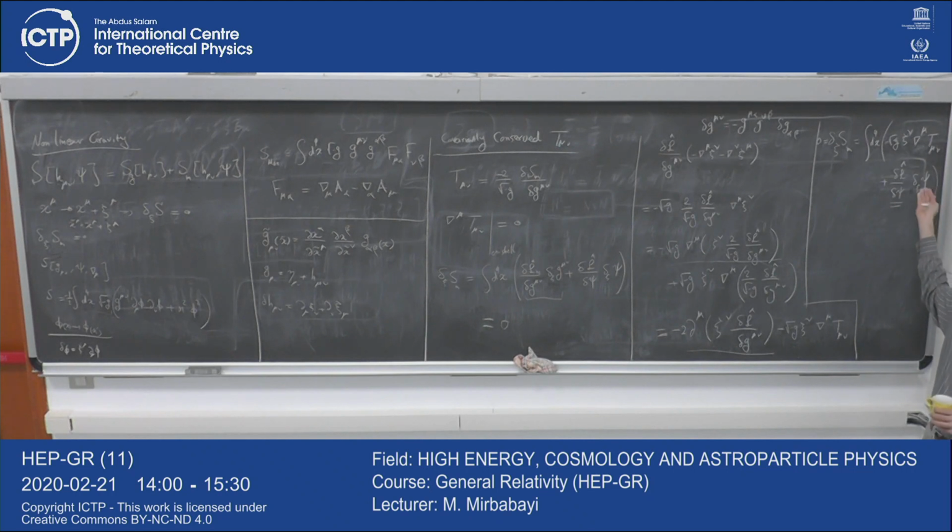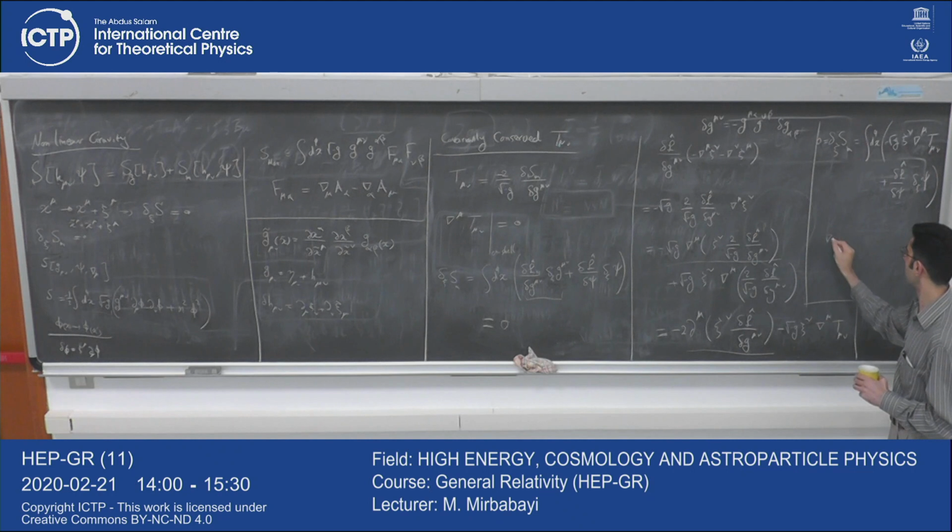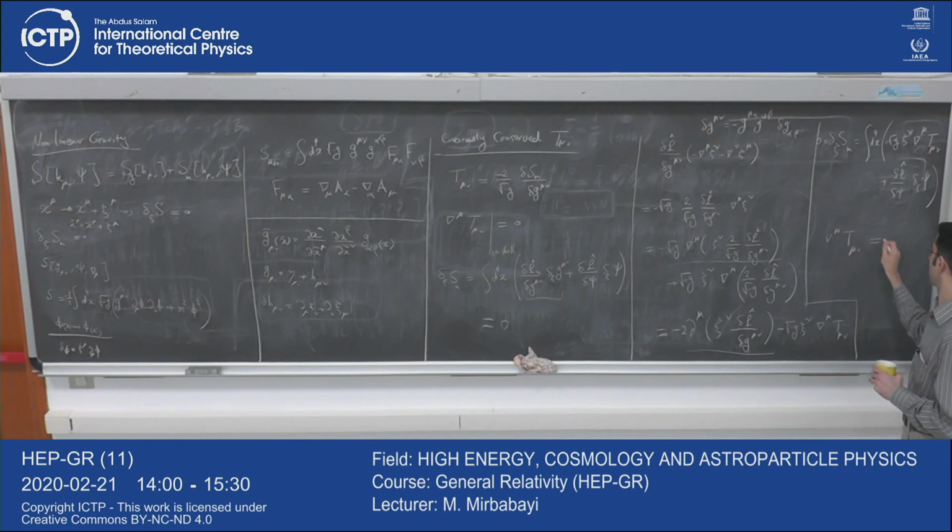So this is one particular variation. Therefore, this expression is 0 when the matter equations of motion are satisfied, and we conclude that this term has to be 0 when the equations of motion are satisfied. Which is what we mean by Einstein.